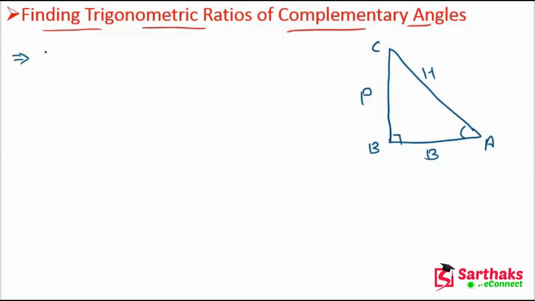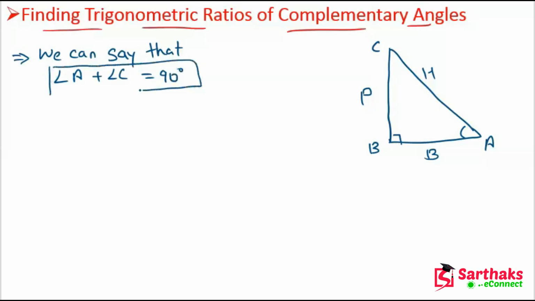We can say that angle A plus angle C is equal to 90 degrees, because angle A and angle C are complementary angles.